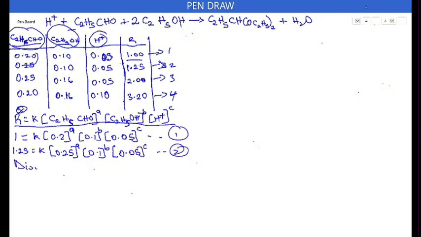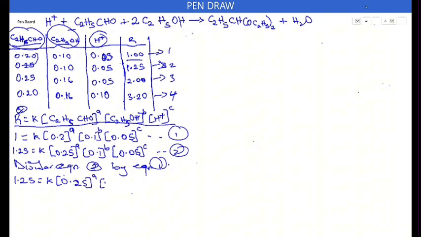Now divide equation 2 by equation 1. So our equation 2 is 1.25 equal to k, open bracket, 0.25 raised to the power A, 0.1 raised to the power B and 0.05 raised to the power C, divided by equation 1.